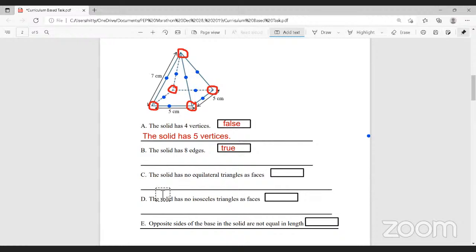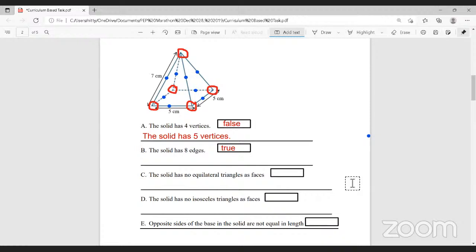Let us look at C. Yes, Marika, very good. Vertices is at the top, or we can call it the apex. Brilliant. All right, so C says the solid has no equilateral triangles as faces. Wow. Now, we need to know what are equilateral triangles.